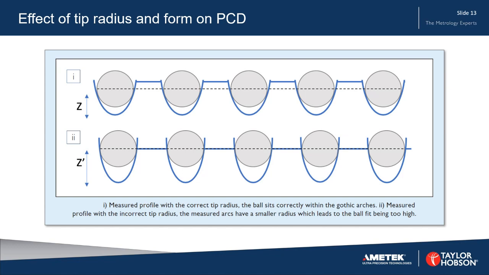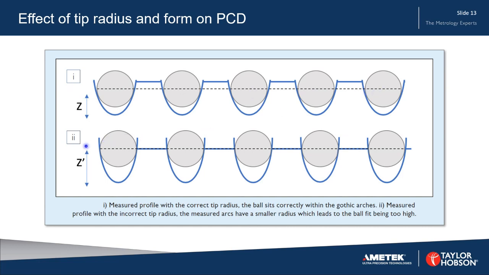One of the things that's very important on the measurement of a Gothic arch thread is that the stylus tip radius is known very exactly, and that the stylus tip radius is very good. And we've got two examples here. In the upper example, you can see that we fitted a ball to the Gothic arch thread, and that's okay.